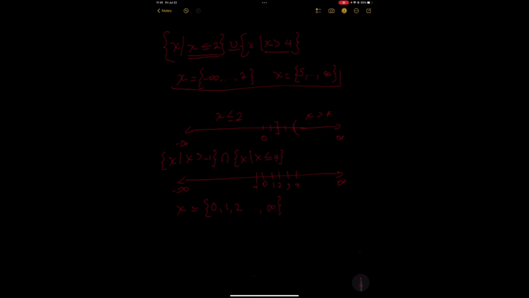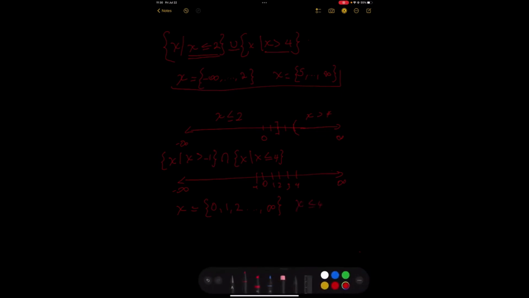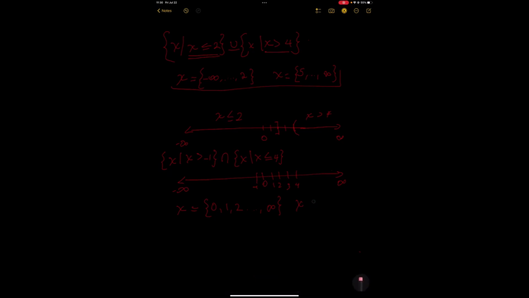And of course, x is less than or equal to 4. In that case, what we're going to have is, because now 4 is included, you would have 4 as the highest number, and then you have 3, 2, and then all the way to negative infinity.